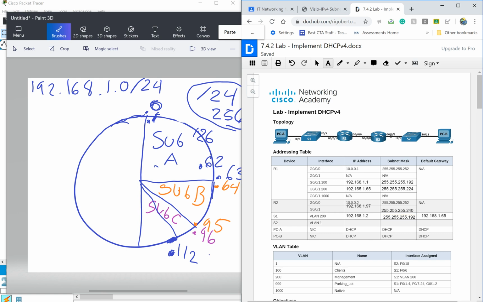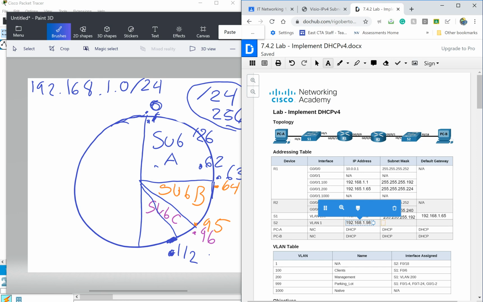All right, S2. If I were a person that wagered, I would wager that this would be the next one, so I'm going to preemptively do 192.168.1.98.